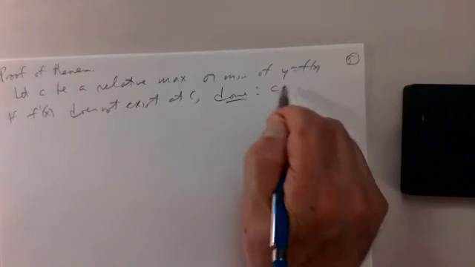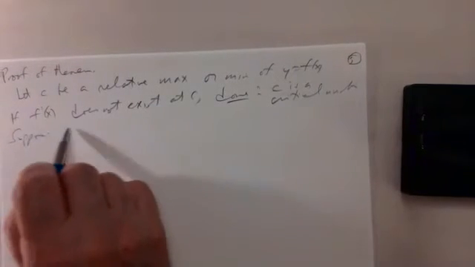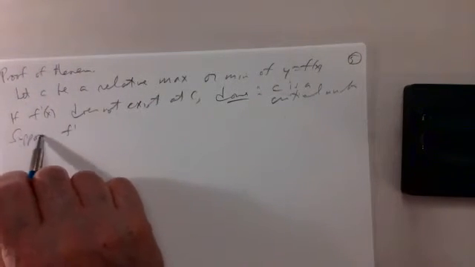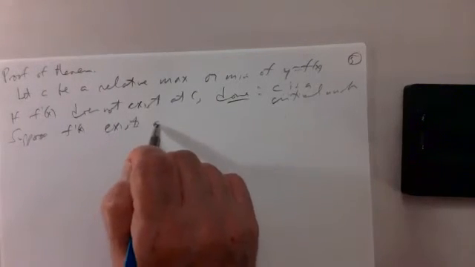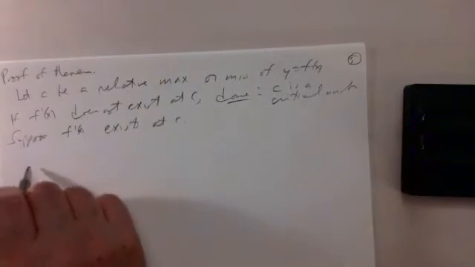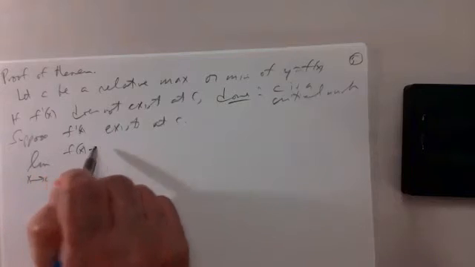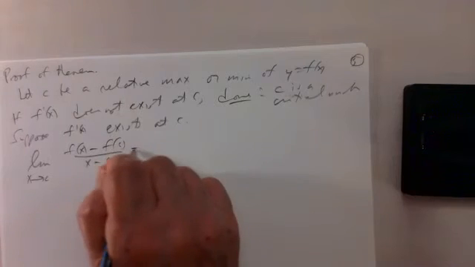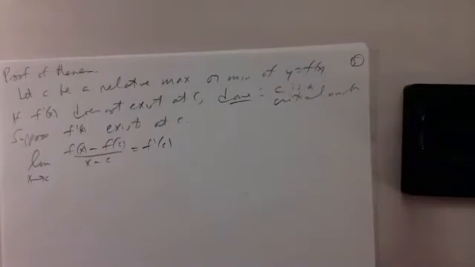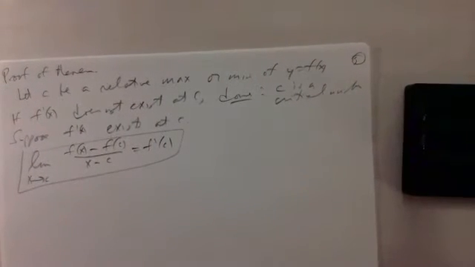If the derivative doesn't exist, c is a critical number. Suppose f prime of x does exist at c. So that means if you take the limit as x approaches c of f of x minus f of c over x minus c, that limit exists and it's equal to the derivative, right? This is the definition of the derivative of the function at c.